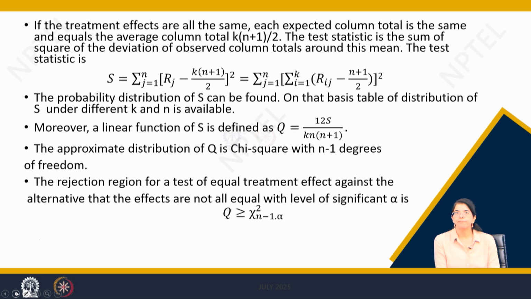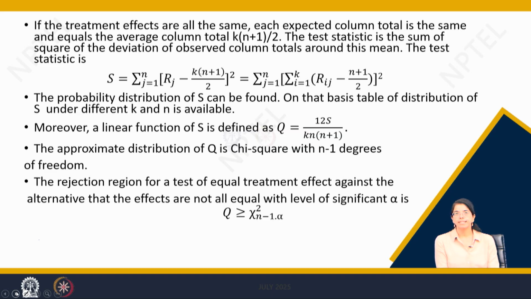If the treatment effects are all the same, each expected column total is the same and equals the average column total, k into n plus 1 by 2. Now, the test statistic is the sum of the squares of the deviations of observed column totals around this mean.